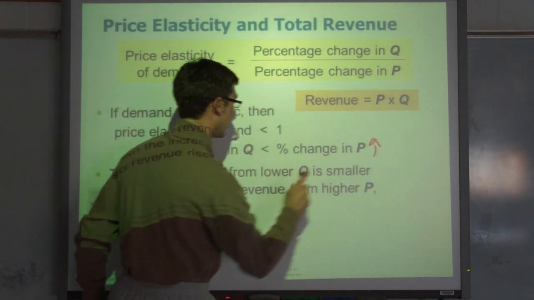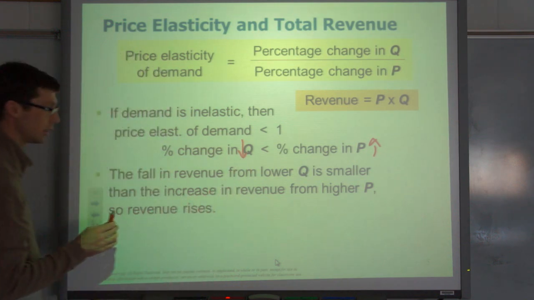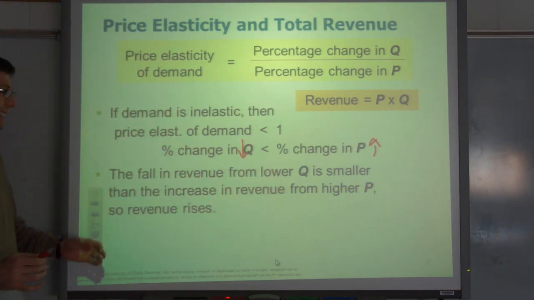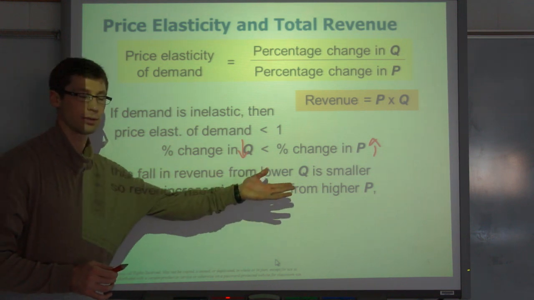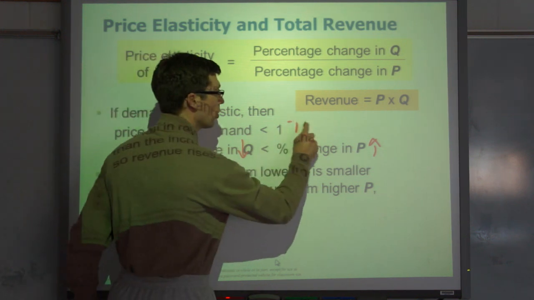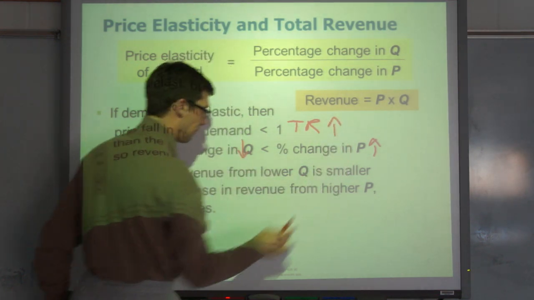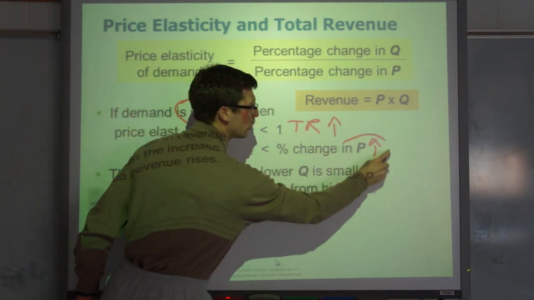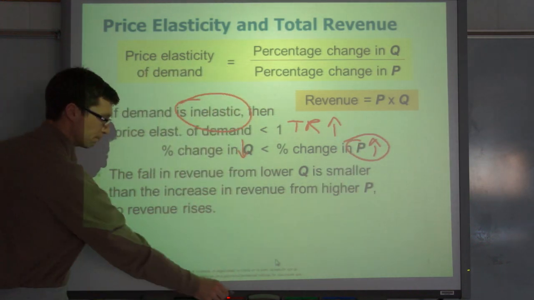So if we increase the price, we're going to decrease the quantity sold. But the fall in revenue from the lower quantity sold is actually smaller than the increase in revenue from the higher price. So total revenue will go up if we're facing an inelastic demand and we increase the price.